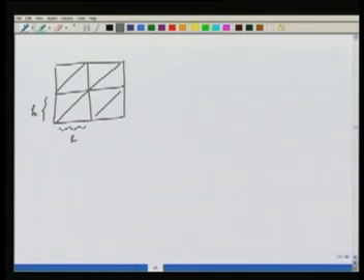Given these elements of size h, I would like to construct, let's say, for the first element in my domain, the entries of the stiffness matrix using the linear approximation.